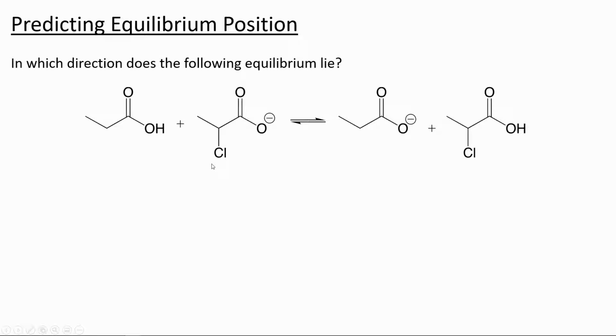So if we compare the conjugate base on the left to the conjugate base on the right, we see that the conjugate base on the left has a chlorine that through induction is stabilizing some of the negative charge that's built up on the oxygen relative to the right. So in this case, the equilibrium would be favored towards the left, with a protonated version of this acid and the deprotonated version, the conjugate base of the acid with the chlorine.